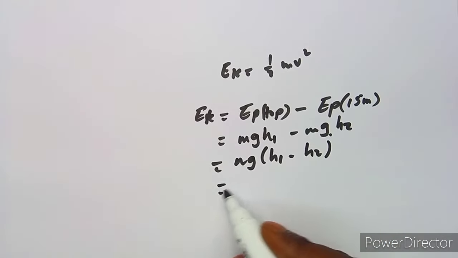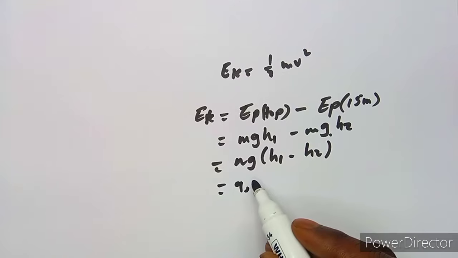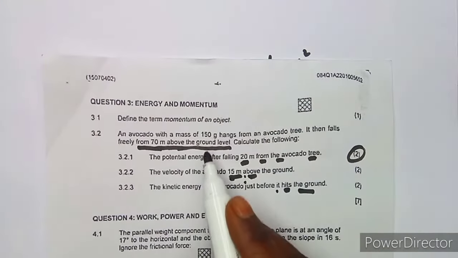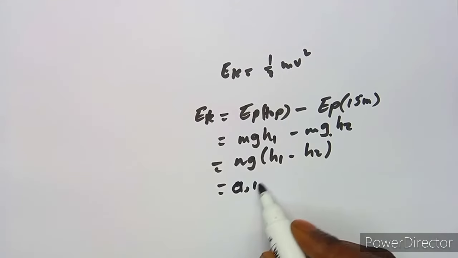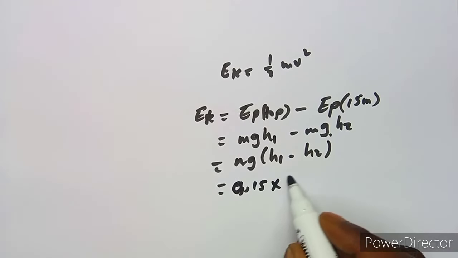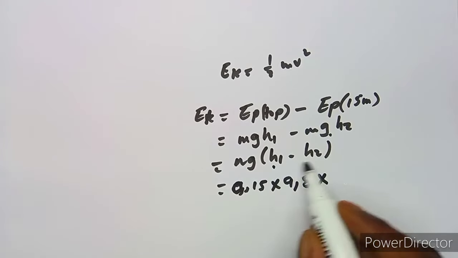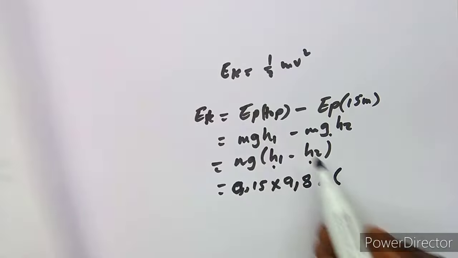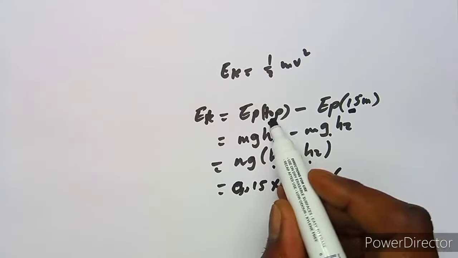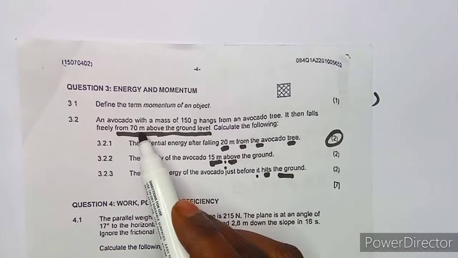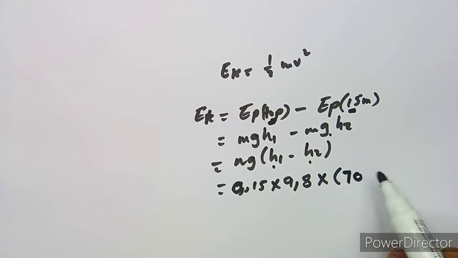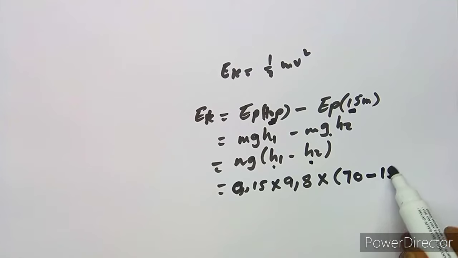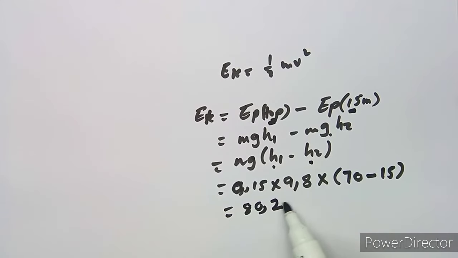You can have your kinetic energy this way, which is the mass, 0.15, because we converted, multiplied by 9.8 multiplied by h1 minus h2, which is the one at the top minus this one at 15. At the top we're talking about the whole 70 meters, so that's 70 minus h2, which is 15. So you can have it like that. You obtain 80.85.